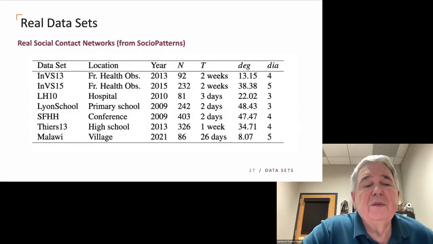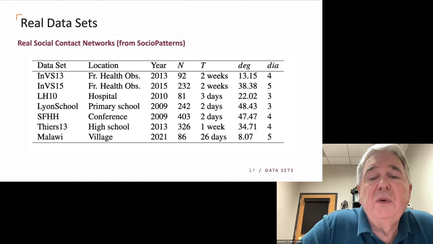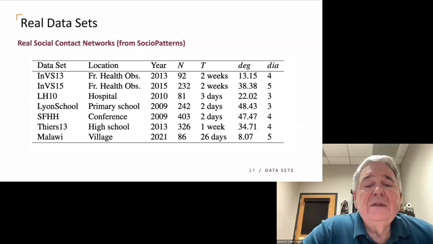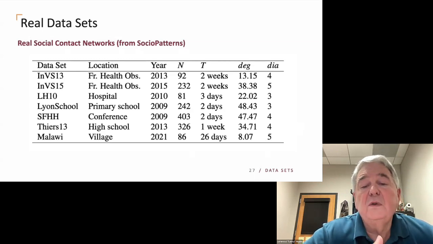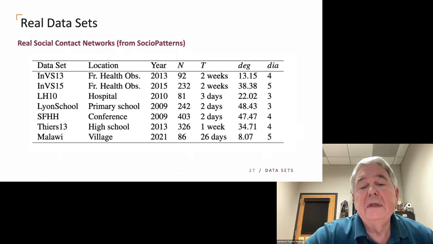We also had some real contact networks from SocioPatterns. These are networks obtained by things like nearness by, say, cell phone or some other technological method of determining whether two people interact over a period of time.